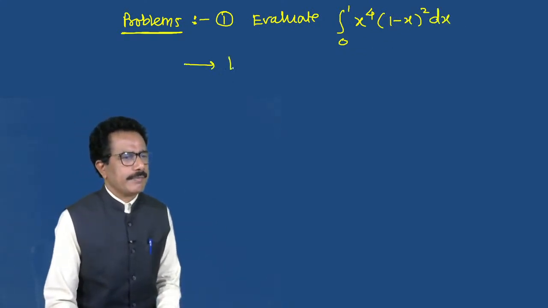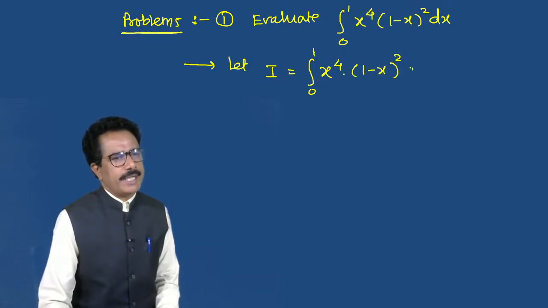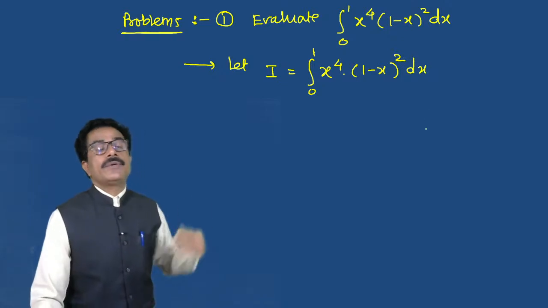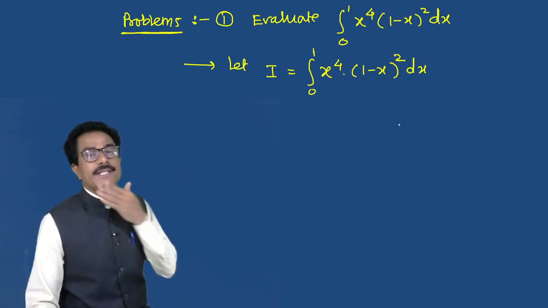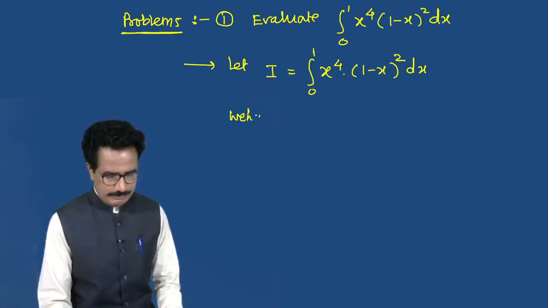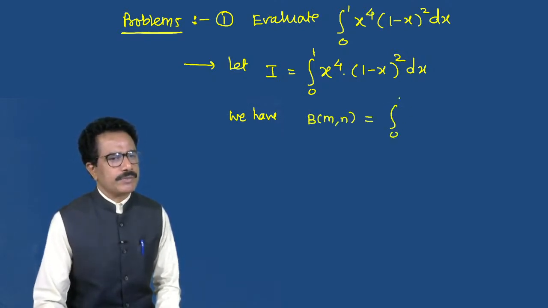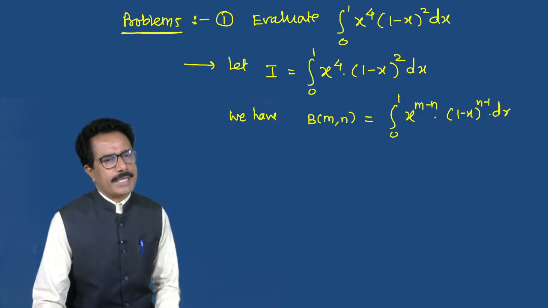Let I is equals to integral from 0 to 1 x raised to 4 into 1 minus x square dx. But we know the definition of a beta function. We have beta of m comma n, which is equals to integral from 0 to 1 x raised to m minus 1 into 1 minus x raised to n minus 1 dx.